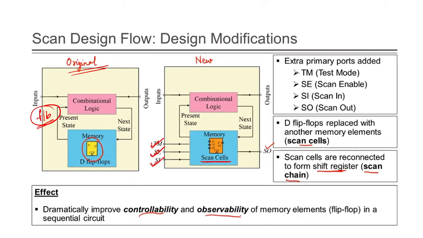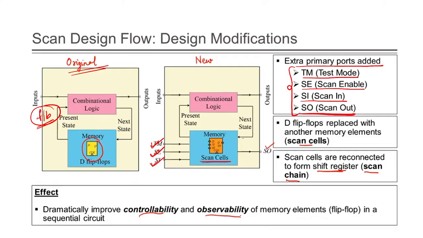These are extra primary ports added to the scan cell. TM is test mode, SE is scan enable, and SI is scan in. Through scan in you give the test vectors, and SO is scan out. These are the inputs you give to your memory element.